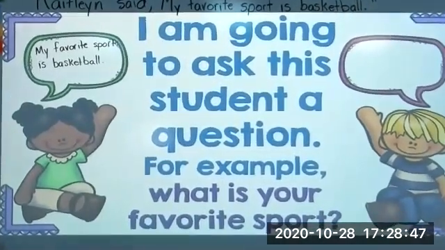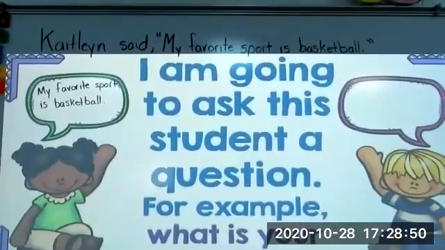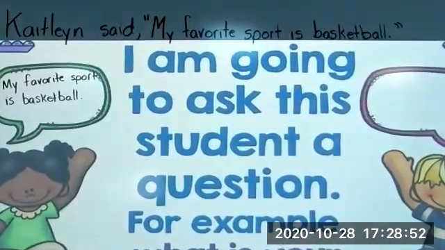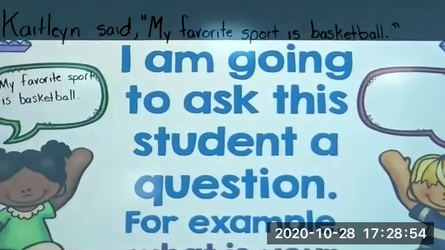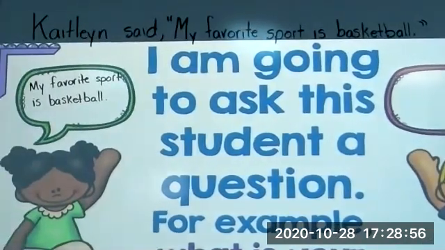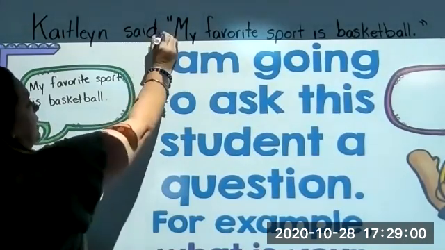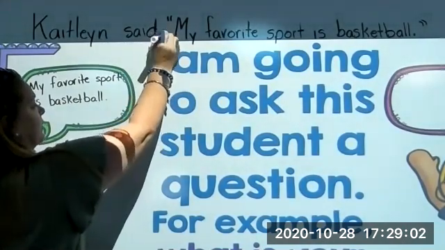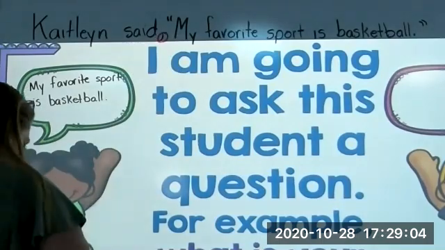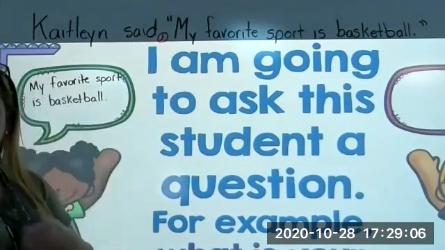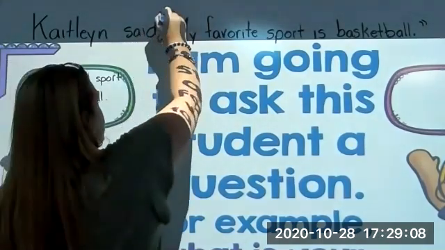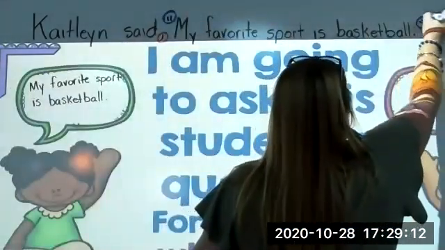I'm going to zoom in so you can see that a little bit better. Okay, so I'm going to use a different color to show you. We have the comma here. The comma goes before the quotation marks. The quotation marks go around what Caitlin actually said.